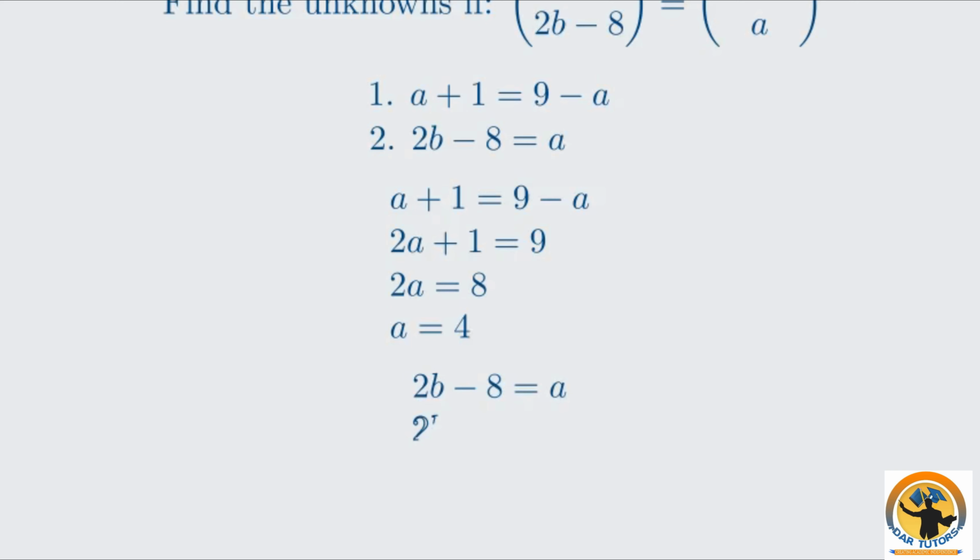Substituting a equals 4 into 2b minus 8 equals a, we get 2b minus 8 equals 4. Adding 8 to both sides gives 2b equals 12. Dividing by 2, we find that b equals 6. So, by applying the rule of vector equality, we have found that a equals 4 and b equals 6. This demonstrates how a vector equation can be broken down into a system of scalar equations.